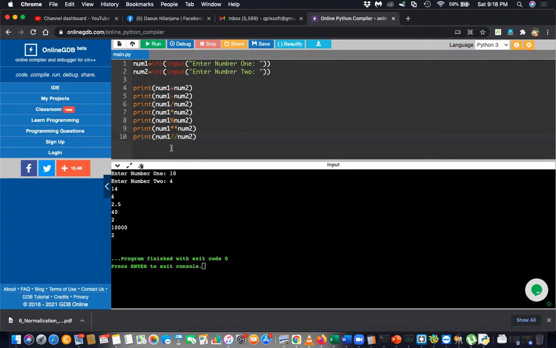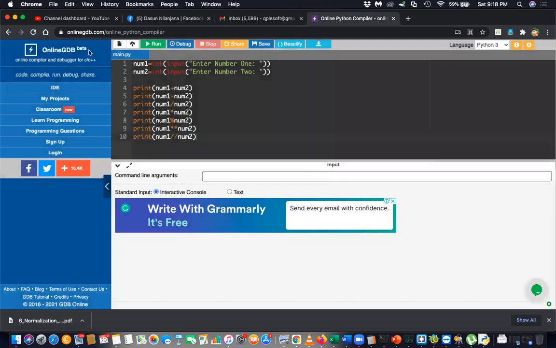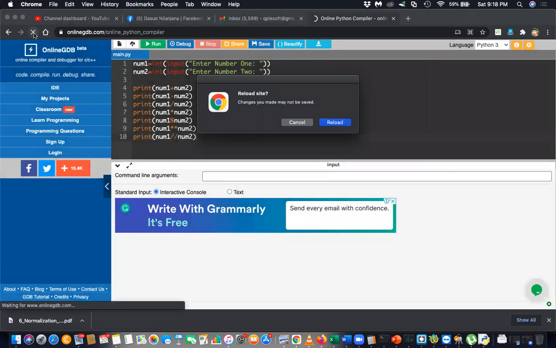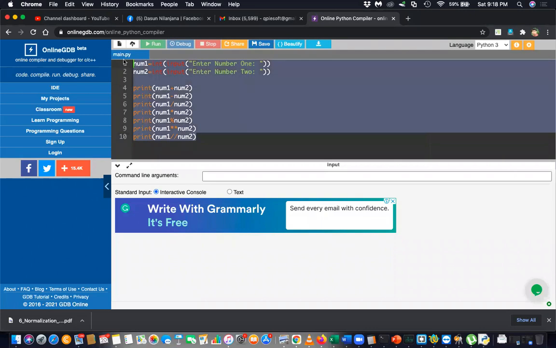Let me give some other numbers and you have to answer now. The first digit is 17 and the second digit that I'm going to give is 3.